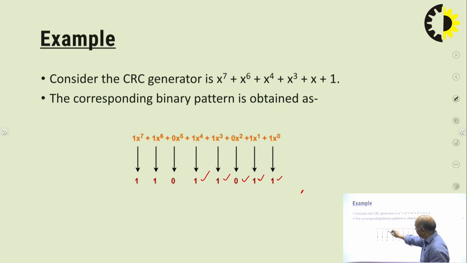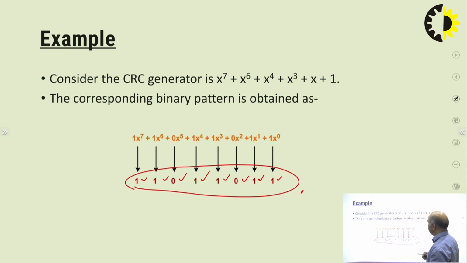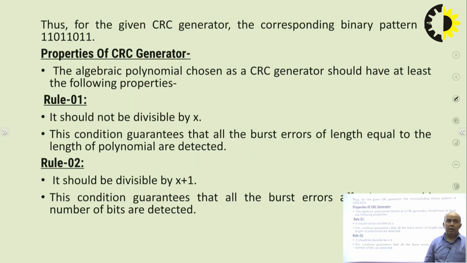We do not have x^5, so we get 0. Then we have x^6 and x^7. So we get this binary pattern for the given polynomial expression. For the given CRC generator, the corresponding binary pattern is generated.